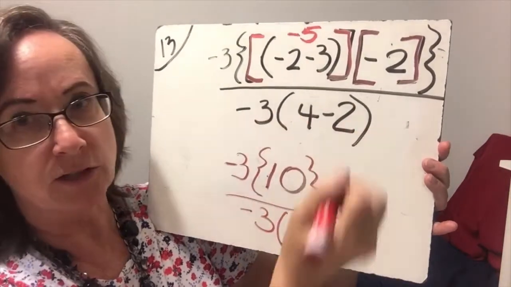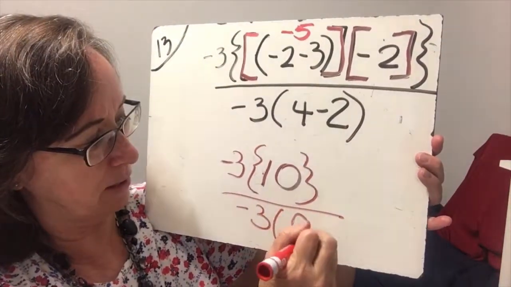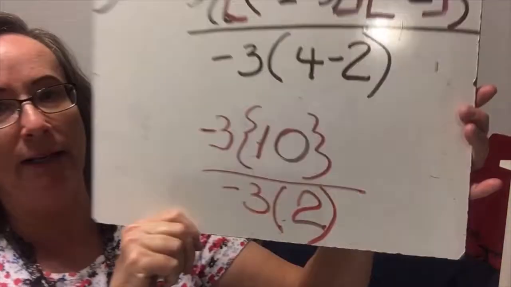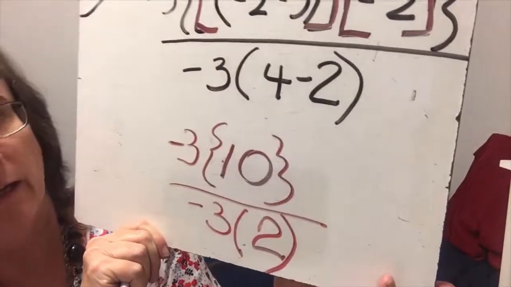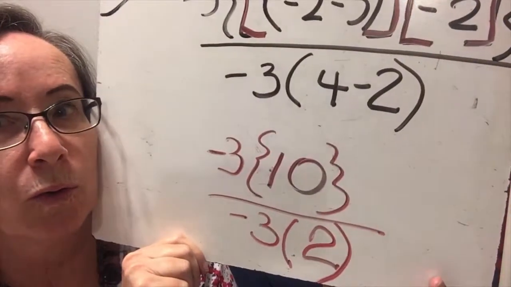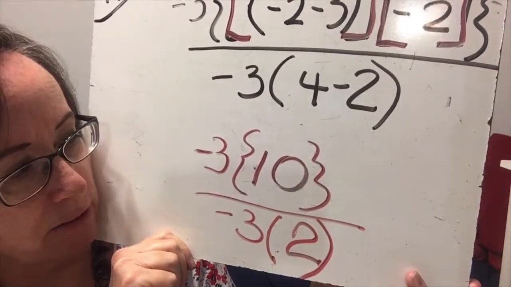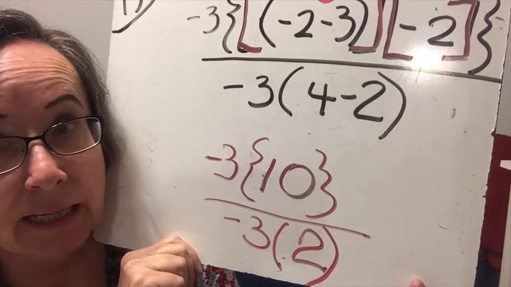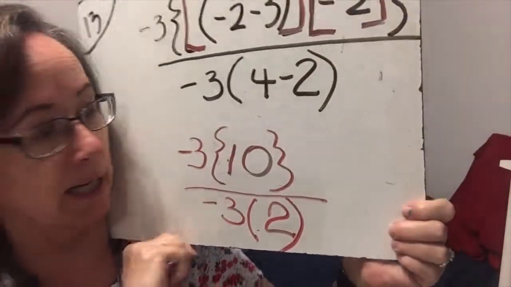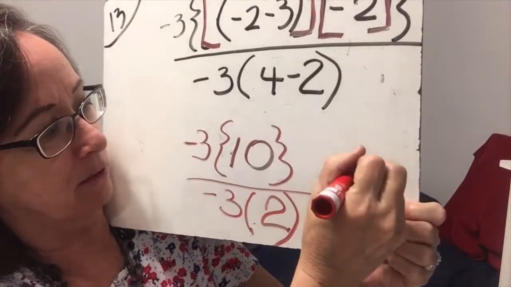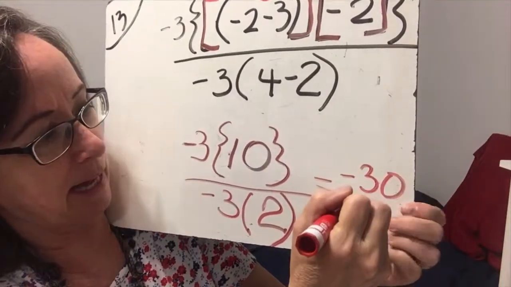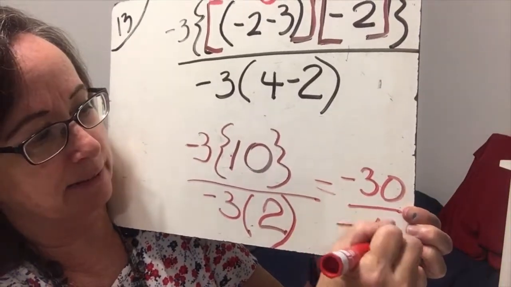And the 4 minus 2 is going to be a 2. Now let me look at that right there. How would you work that problem? Would you multiply it out and get -30 divided by -6, which it is. It is -30 divided by -6.